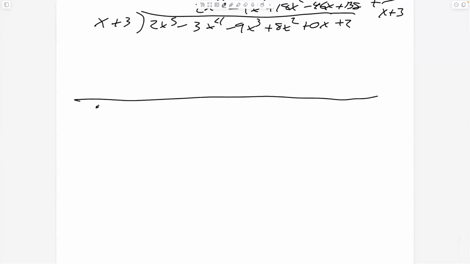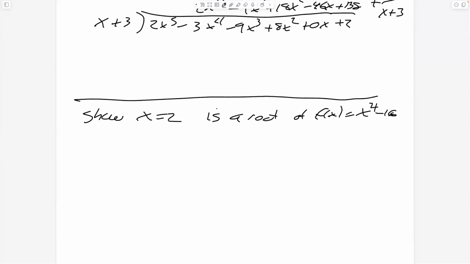So here, we're going to use the remainder theorem to show that x equals 2 is a root of f of x equals x to the fourth minus 16. Now, again, we could just plug in 2 to the fourth is 16 minus 16 is 0.